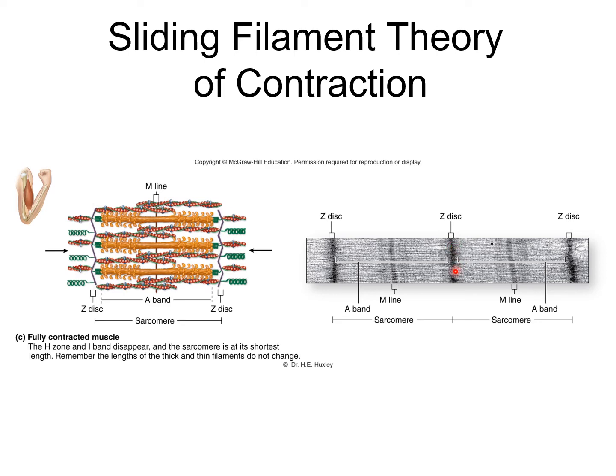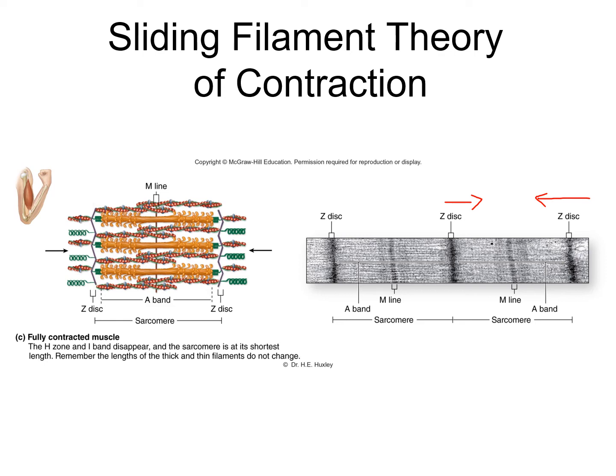So the Z disc basically gets pulled closer, moving towards the M line. When the Z discs move closer to each other and are both heading towards the middle of the sarcomere, the M line, of course, the I bands on the sides are going to get shorter.